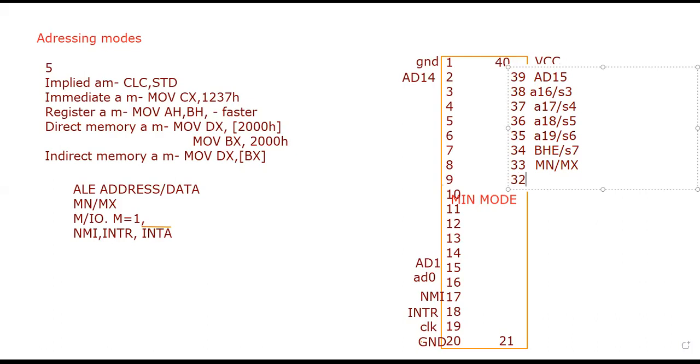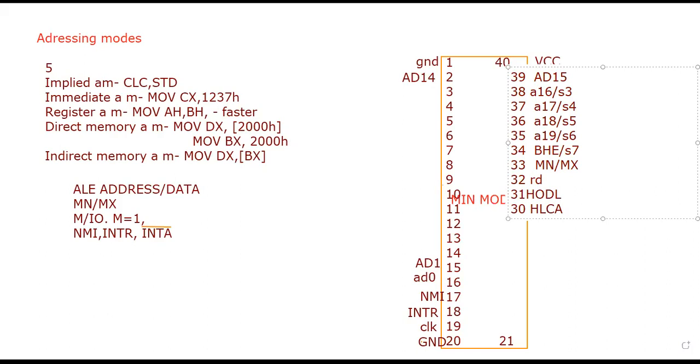Now at pin 32, we have the read instruction. Then 31: now we have a pair of two signals. It is HOLD, and next is 30, hold acknowledgement, HLDA.